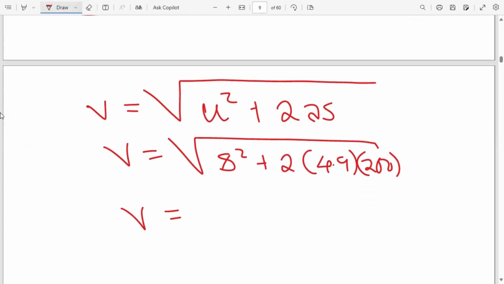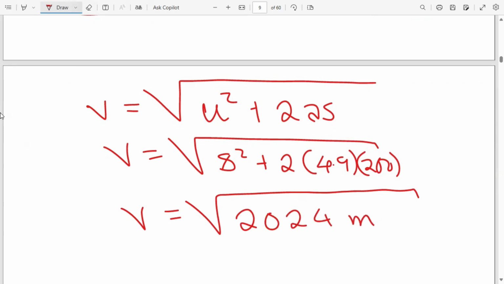Our v will be equal to the square root of whatever is under the brackets. This is going to give us 2024 meters squared per second squared.